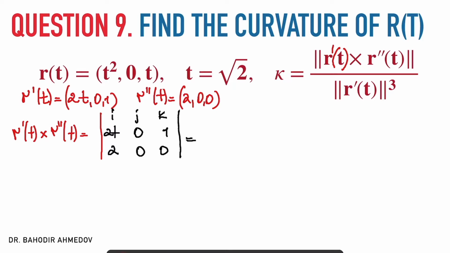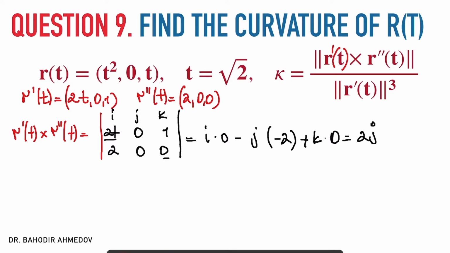Then the determinant is going to be i times 0, minus j times (2t times 0 minus 2 times 1), so minus j times minus 2, plus k times 0. That's going to be simply 2j.